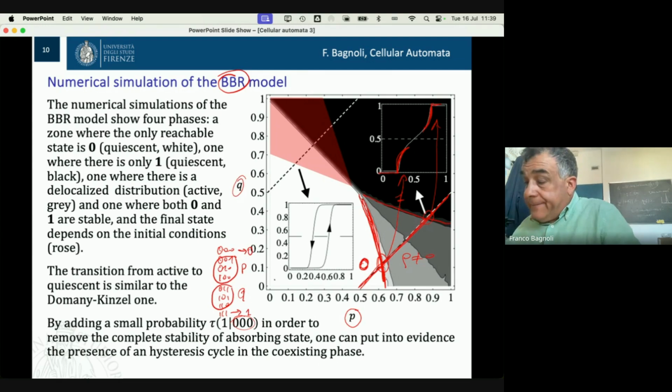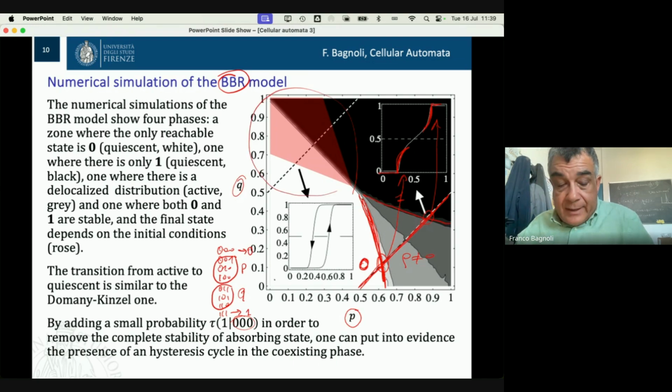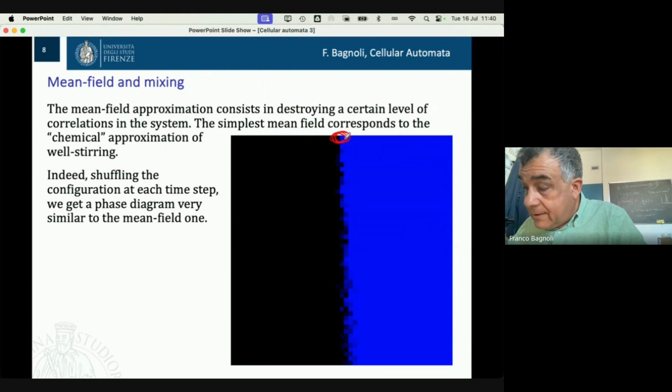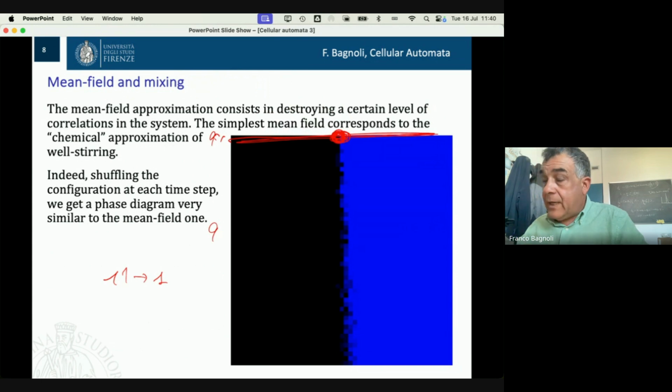But in this system a new phase appears here, which in some sense corresponds to the Domany-Kinzel transition just in this point, because when Q is equal to 1, 1, 1 always goes into 1. So on this line we have two absorbing states, and here it always goes to the absorbing state 0, and here it goes to the absorbing state 1.